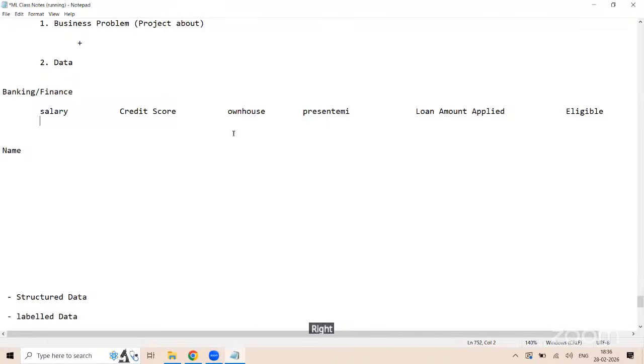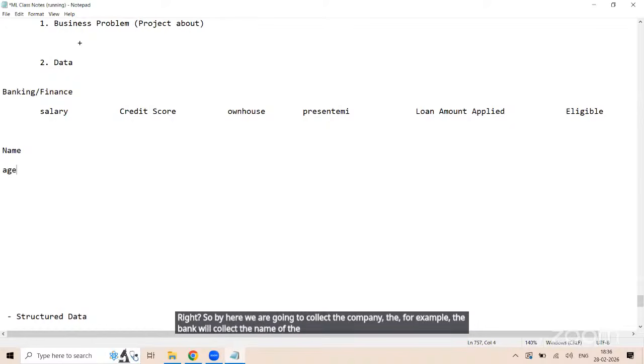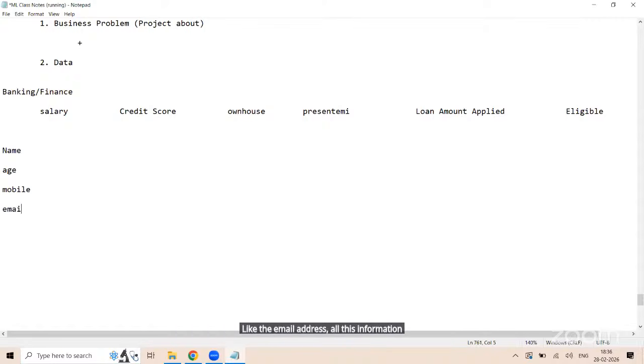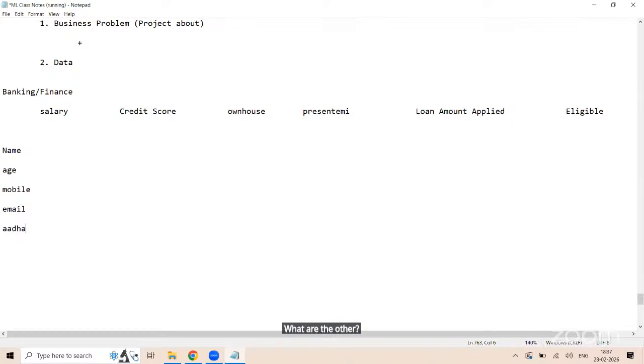So the bank will collect the name of the person, age of the person, mobile number of the person, email address, and multiple other pieces of information. Aadhaar number. And next, PAN card number.